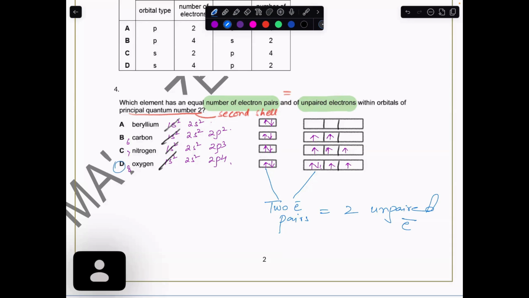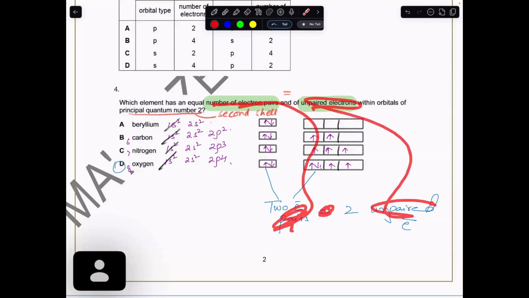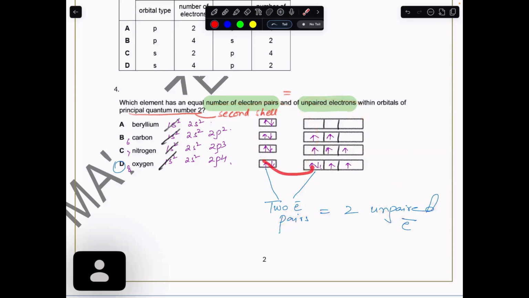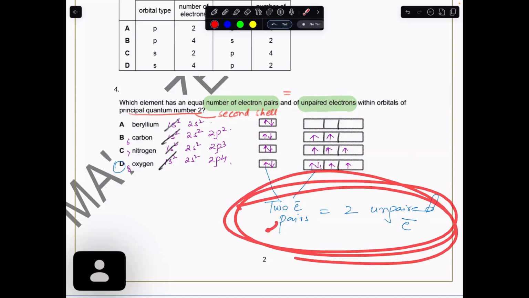The answer is G. So 2 electron pairs and 2 unpaired electrons in the second shell, principal quantum number 2.